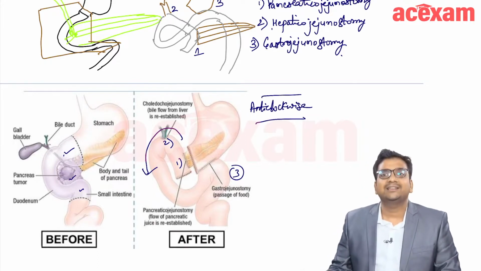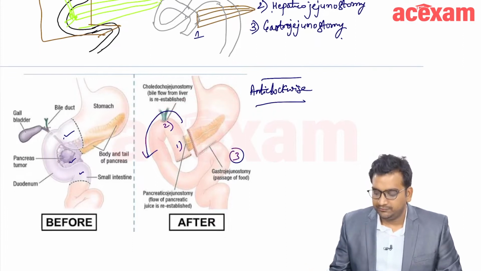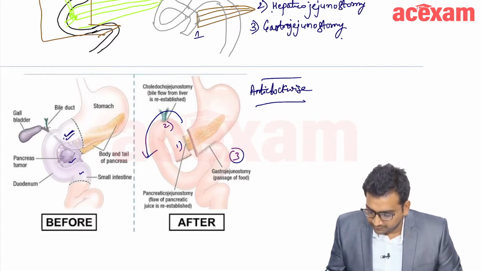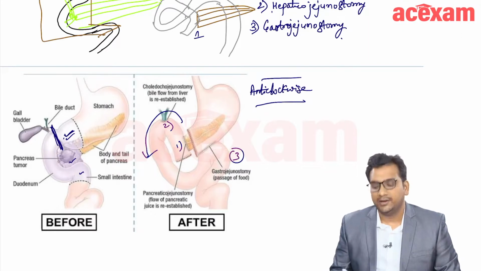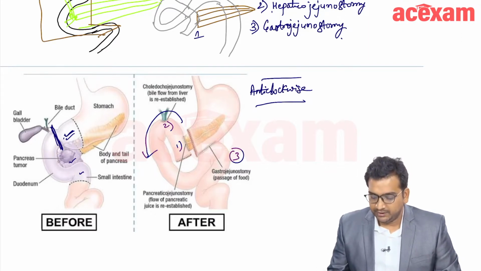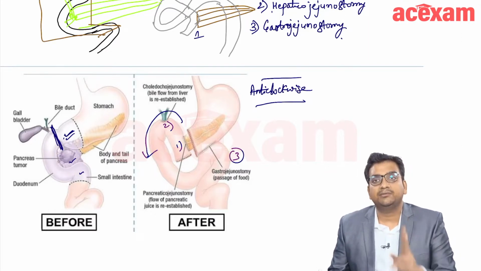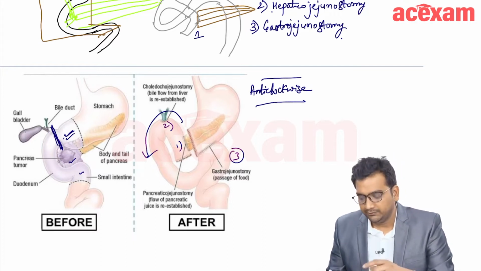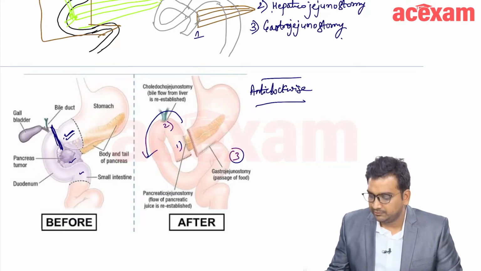Now what happens is, suppose we are not removing this portion of the stomach, what we can do is transect the stomach here. Okay, and we are transecting actually at the first part of the duodenum, then we are removing whole of the duodenum. So this way, instead of gastrojejunostomy, we will be doing duodenojejunostomy.